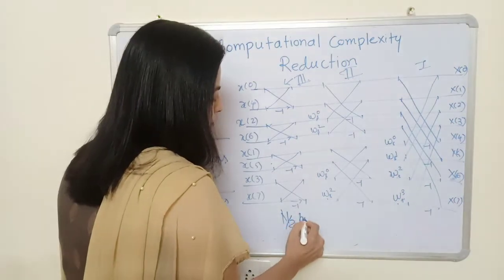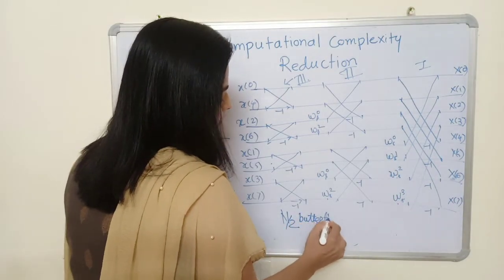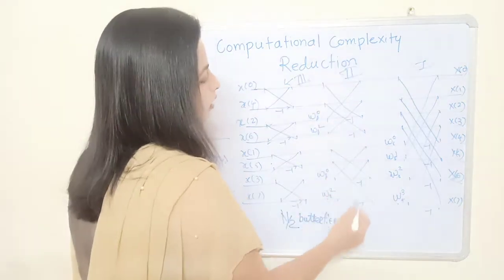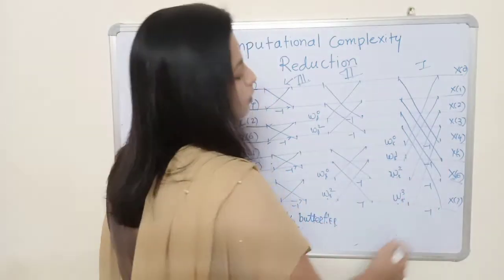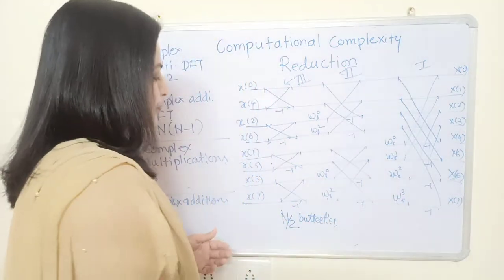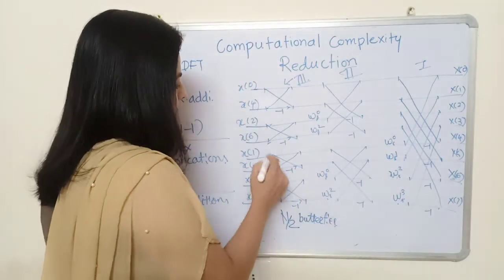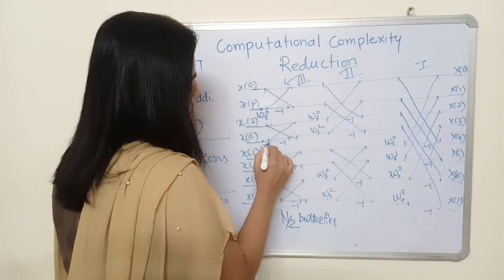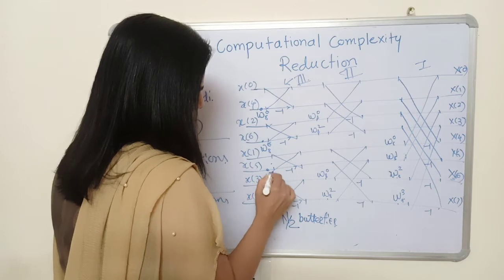N by 2 butterflies for each stage. You can see here also 4 butterflies are there. Here also 4 butterflies are there. For each butterfly we have a twiddle factor, say W at 0 here, multiplying this number.